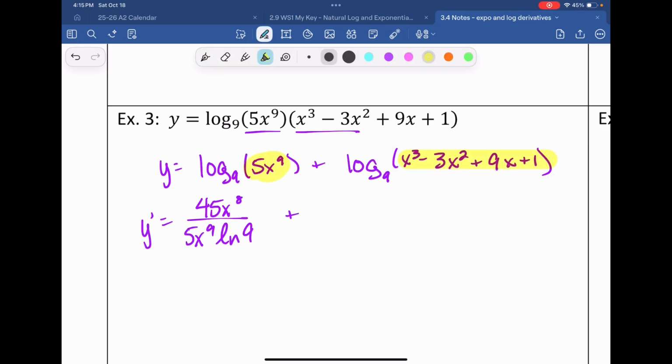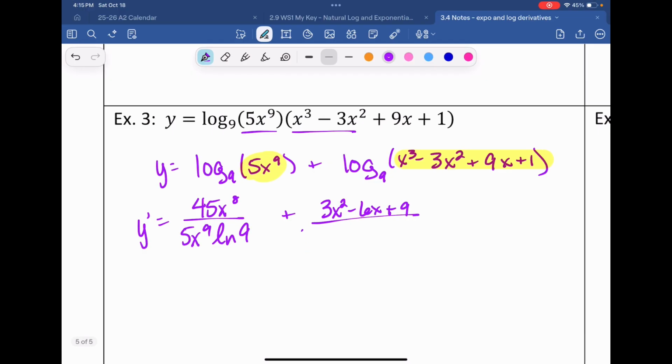That is my argument. So 3x squared minus 6x plus 9 over the argument times the ln of 9.